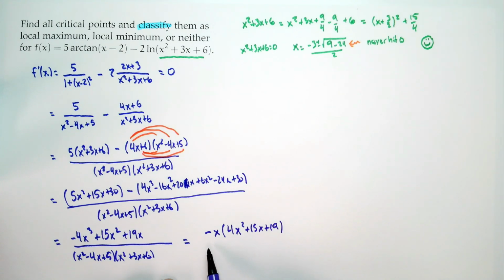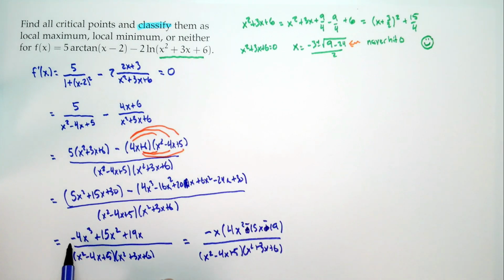All over, wait a second, is that plus 19? Let's double check. Alright. All over x squared minus 4x plus 5 times x squared plus 3x plus 6. And see, the problem I made is I forgot to factor out the negative. So this should actually be a minus 15x and a minus 19.